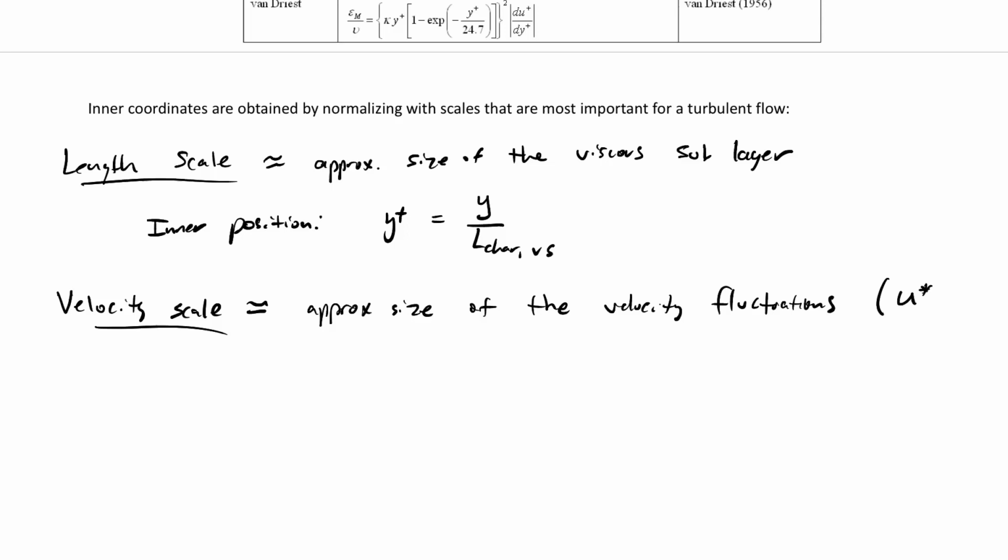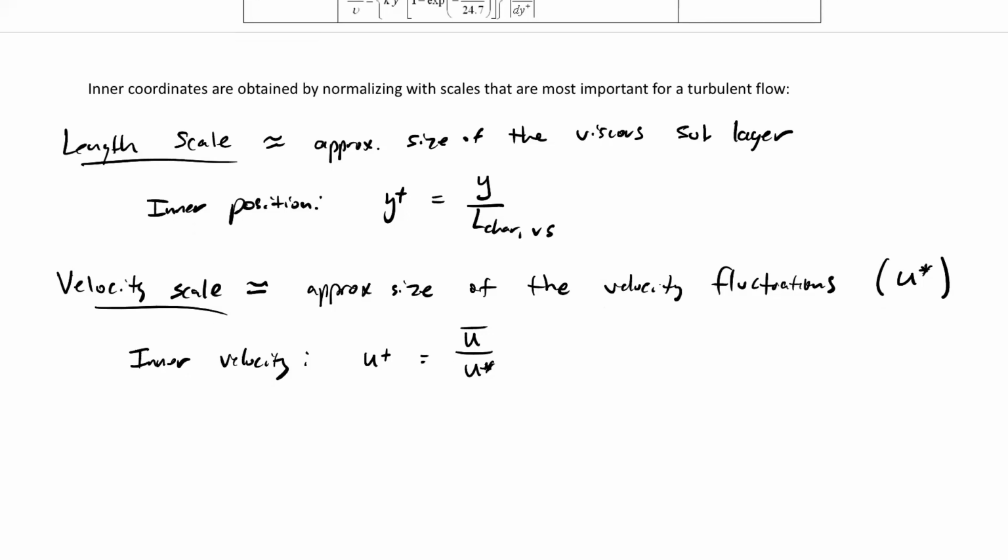The size of those fluctuations is given by that character U star, and that's going to be our normalizing quantity for velocity. So our inner velocity is U plus, which is equal to U bar over U star. Again, U bar is going to be a function of y, U plus is going to be a function of y, and U star may be a function of y as well, which we'll see.